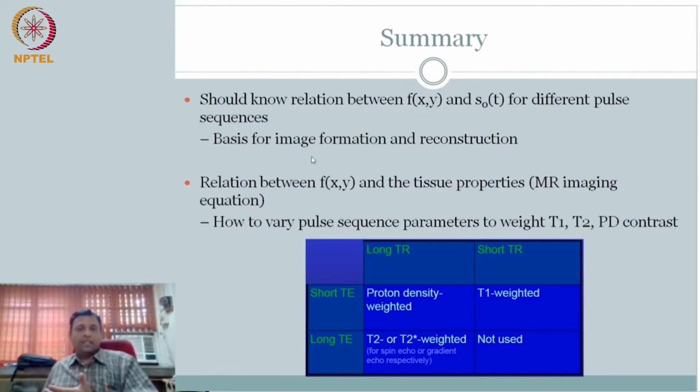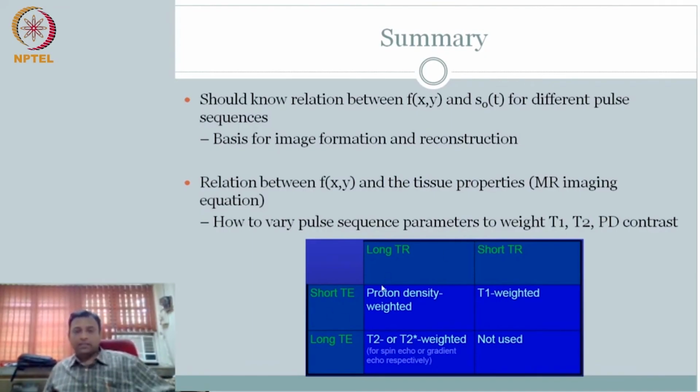Once you have that, basic image formation and reconstruction is straightforward, right? This is the important aspect. So the relationship between f of x comma y and the imaging properties. That is, for f of xy, we showed the pulse proton density, but we have already covered in physics how you weight the different timing of the sequence of acquisition to different properties, T2 or T1 weighted images, right? The same thing you have to be able to explain.